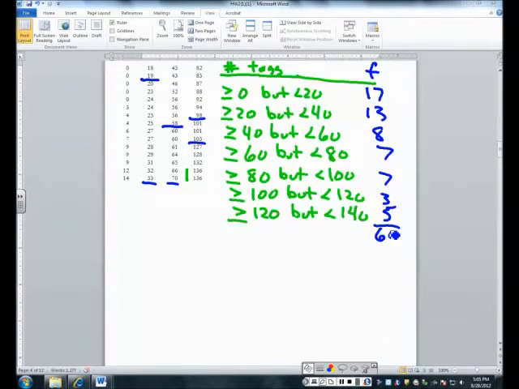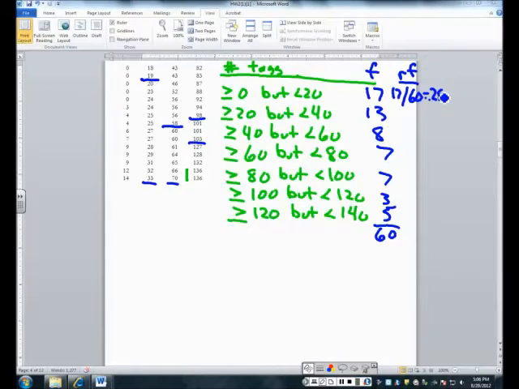So relative frequency, the same thing as proportion in each class. We're going to have 17 out of the 60, and that's about 0.283, but I'm just going to carry it 2 places for right now.